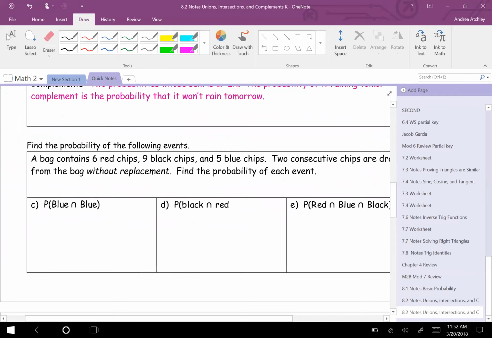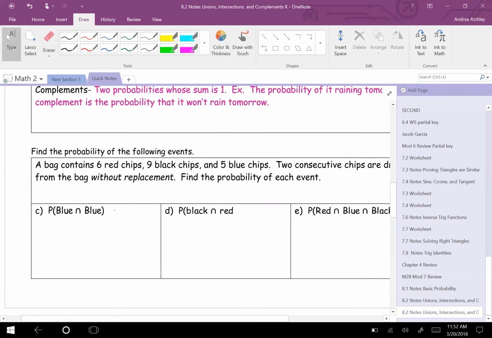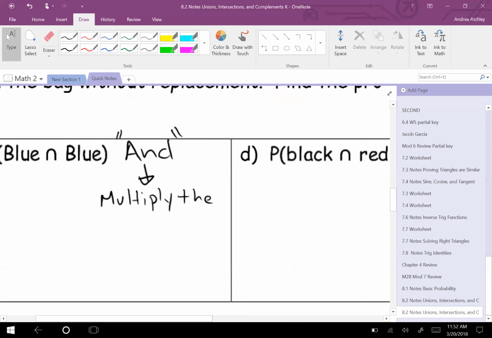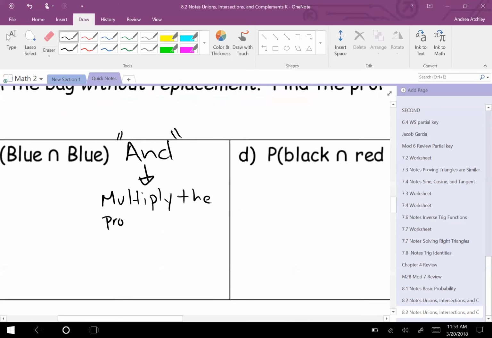So I'm choosing 2 different things, so this is an "and." Because it's an "and" problem, you multiply the probabilities.